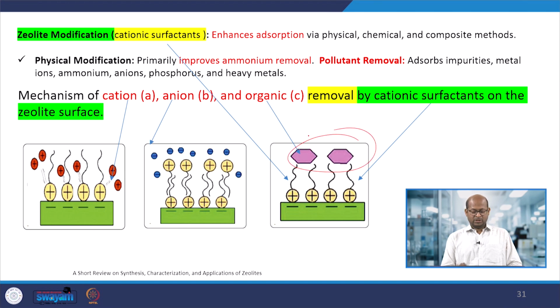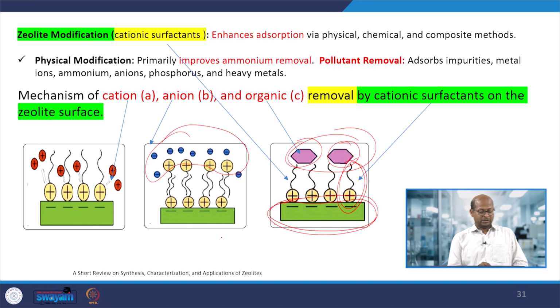So for organic pollutants, zeolites are modified with surfactants, cationic surfactants. This is basically the zeolite, let's say, and here this is the surfactant. So the zeolite was modified with surfactants, and that can be used to remove this type of organic molecules present in wastewater, or some cations or anions present in wastewaters or waters.